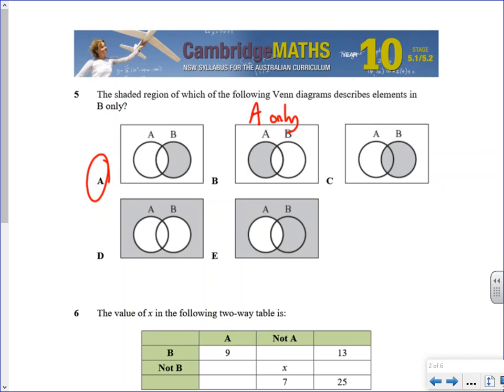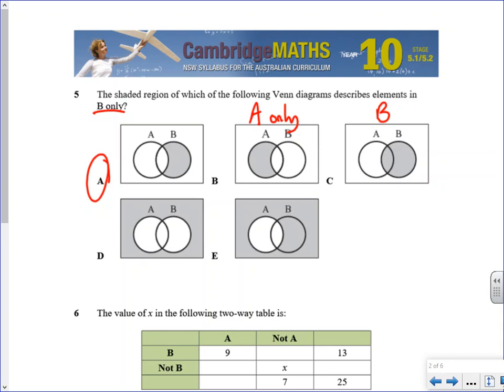Looking in this one, we see that the B is shaded and also the both sections. So this is just saying B. Not necessarily B only. That's saying B, but also including the people that are B and A. But the question is asking for B only. Looking at option D, well, we see that neither the A nor the B is circled at all.